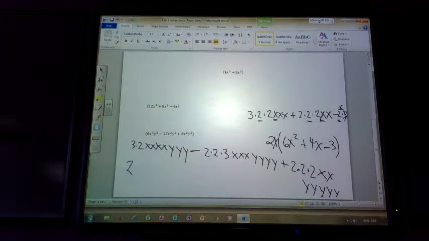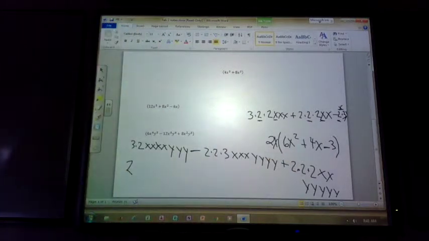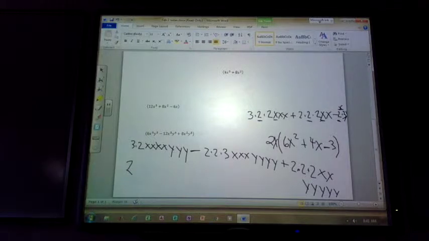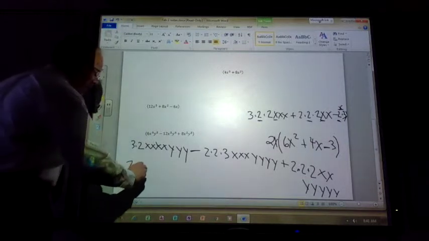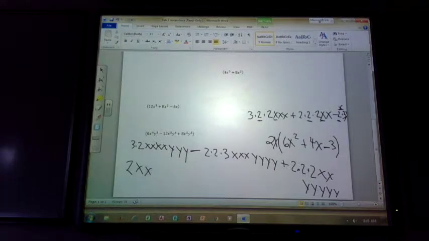How many x's can I take out of here and here and here? 2 of them. Good. So I can factor out an x and an x. Okay. TJ, how many y's can I factor out of all 3 of those terms? 3?